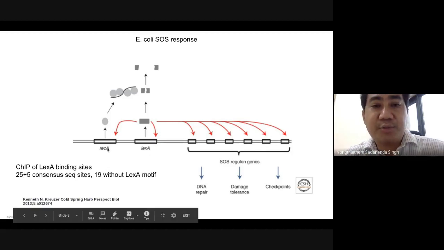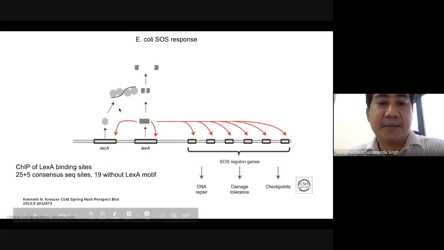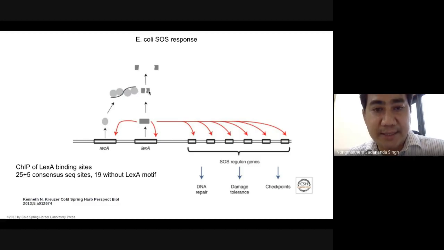Now, as we were saying, when there is single-stranded DNA, RecA forms a filament and leads to the cleavage of LexA. The cleaved products no longer can repress the transcription of SOS genes.